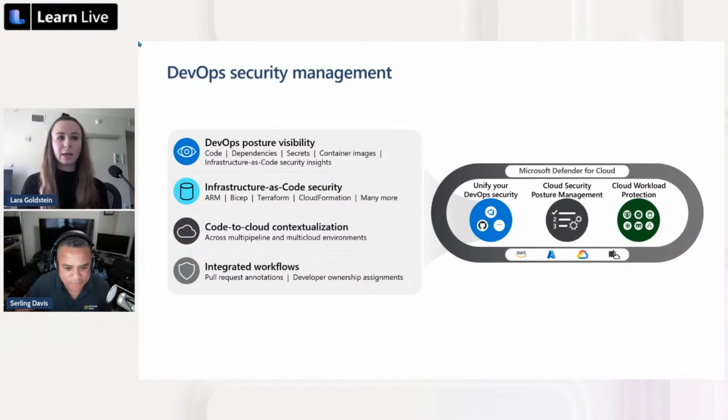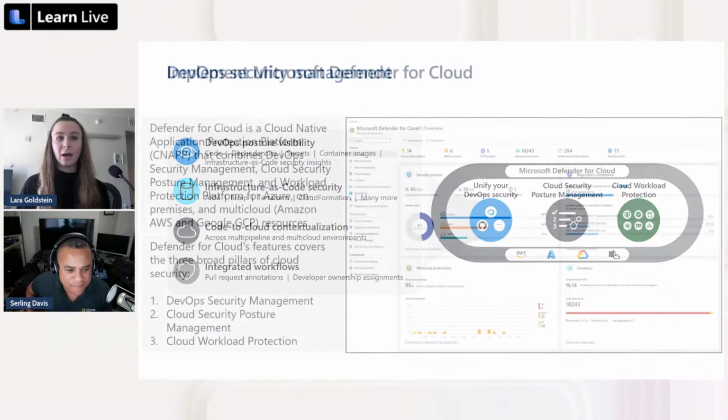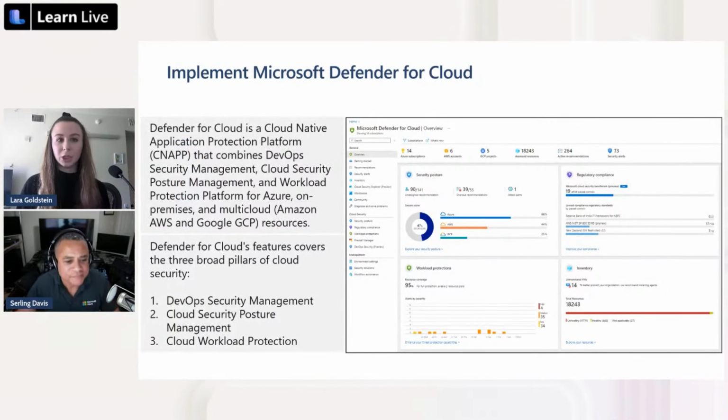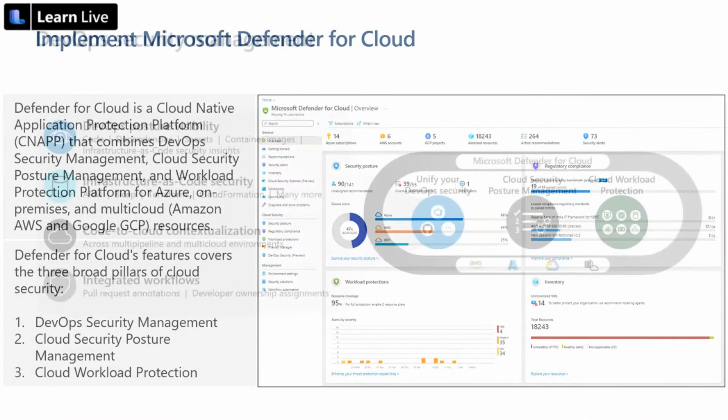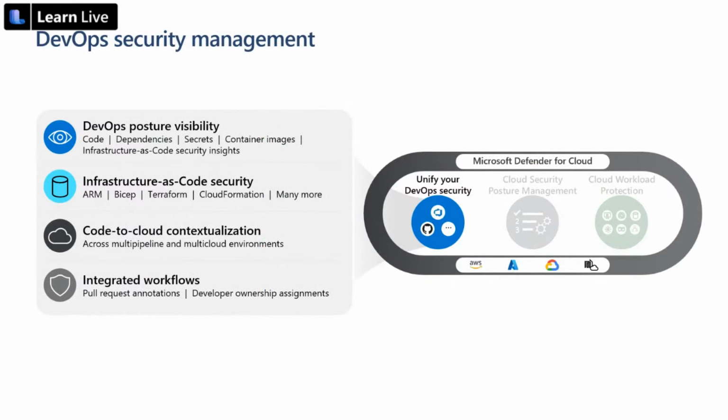If we go back a slide, Microsoft Defender for Cloud is a cloud-native application protection platform, or CNAPP for short, that covers the three broad pillars of cloud security: DevOps security management, cloud security posture management, and cloud workload protection for Azure, Amazon Web Services, or AWS, Google Cloud Platform, or GCP, and on-premises resources. We're going to talk about all three of these areas. We're going to start next with Defender for DevOps to cover DevOps security management.